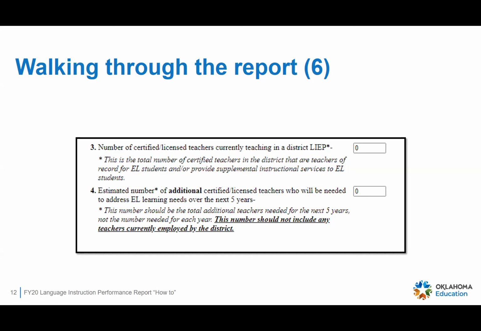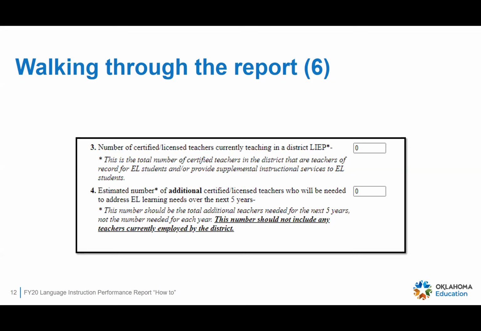Then at the very end of the bottom of the report, there are 2 more questions. Number 3 is the number of certified licensed teachers currently teaching in a district LIEP. Okay, this is the total number of teachers that are the teachers of record for English learners.